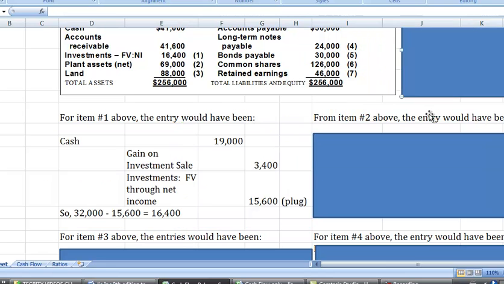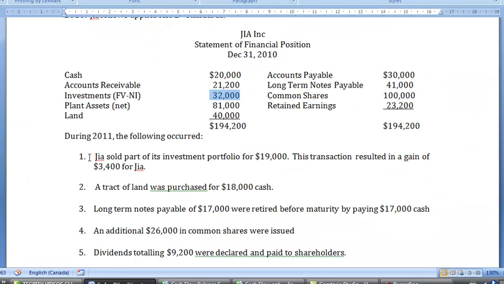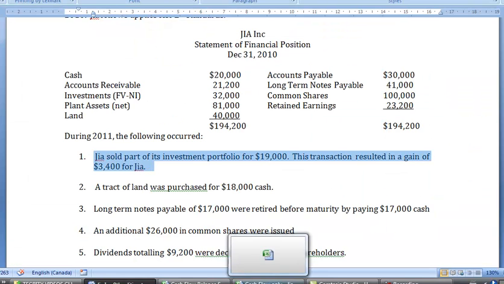Well, I'll just shove this little guy off to the side here, and you'll see what we would do is we would have debited cash for the $19,000. That's what the question told us they got when they sold the investment. We know they recorded a gain of $3,400. The question told you all that.